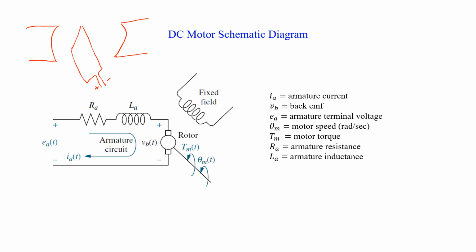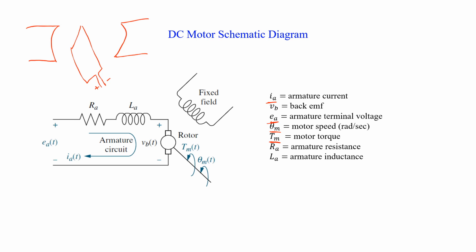In the case of a DC motor, the current through the armature is Ia, the armature current, and the applied voltage is Ea, the armature terminal voltage. Tm is the motor torque, and due to this torque, the motor rotates with the speed of theta m dot in radians per second.